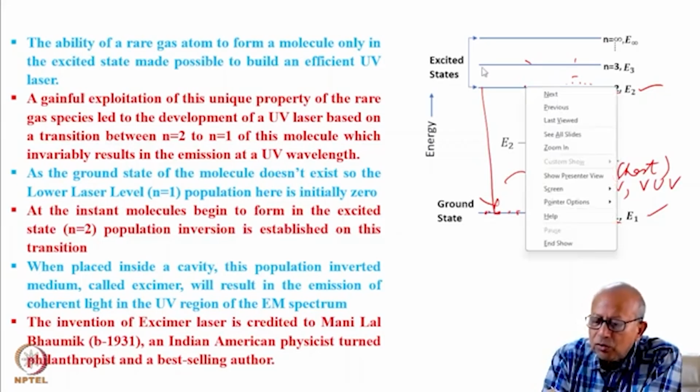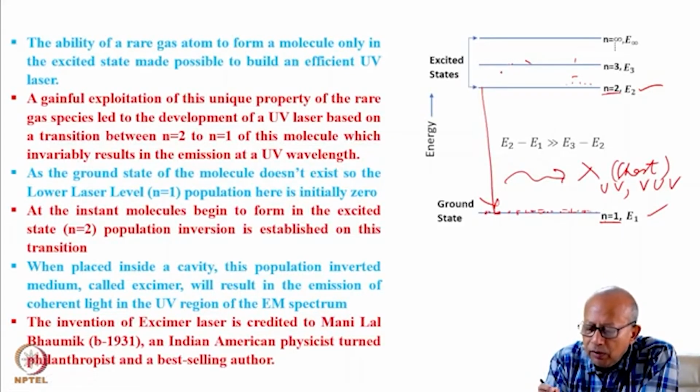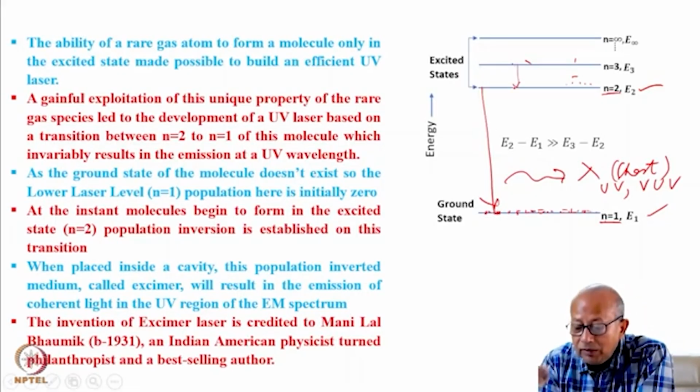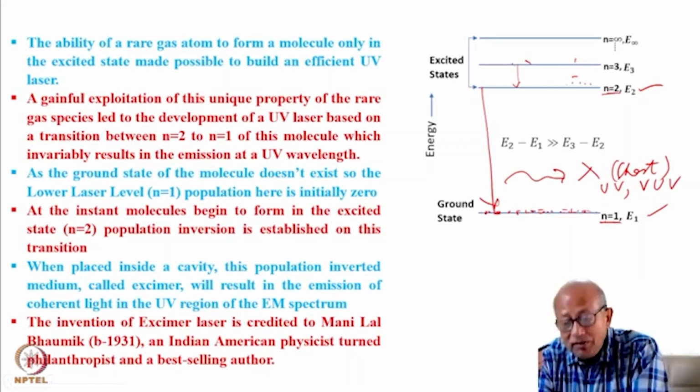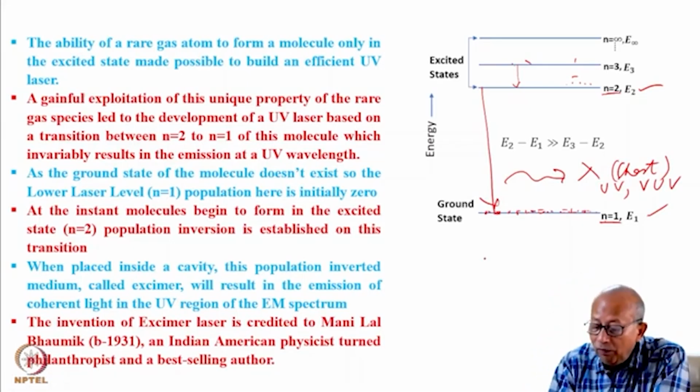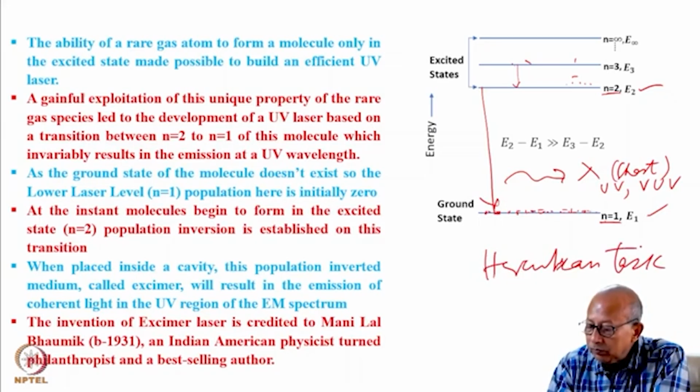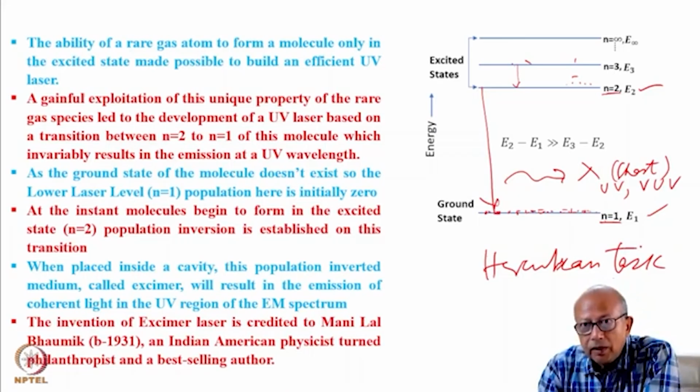And you can, of course, use this other level. First, you take them here and then bring them down here. But creating population inversion and maintaining population inversion will be a Herculean task, and it is not at all practical.